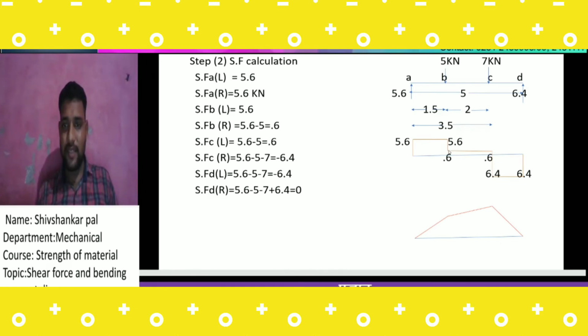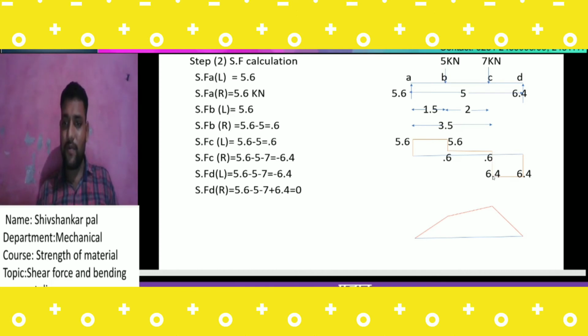Then I see that this 0.6 resultant loading on our beam continues from B to C, and at point C we also obtain two shear force values. One is the shear force at point C on the left-hand side, 0.6, and the second is the shear force at point C equal to minus 6.4, so I go downside from 0.6 to minus 6.4.